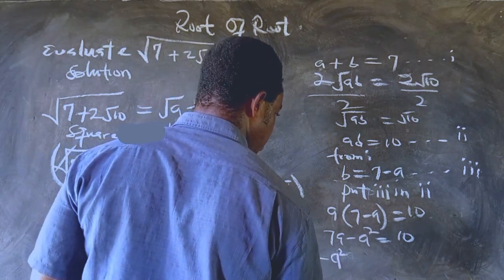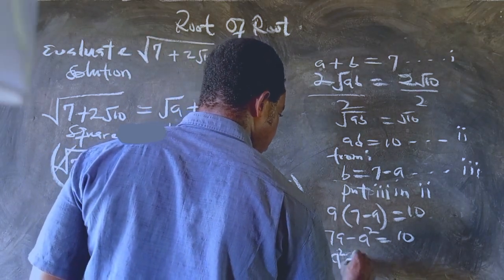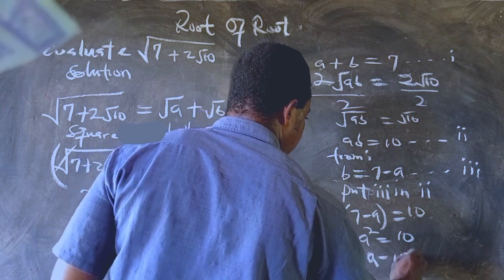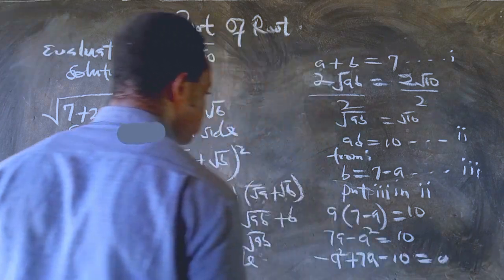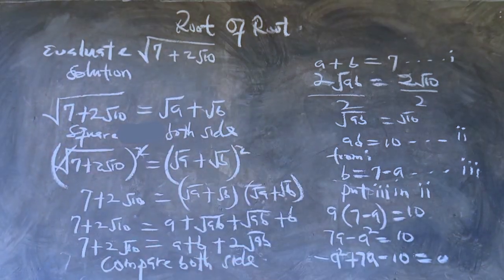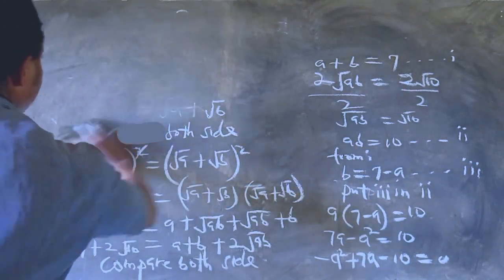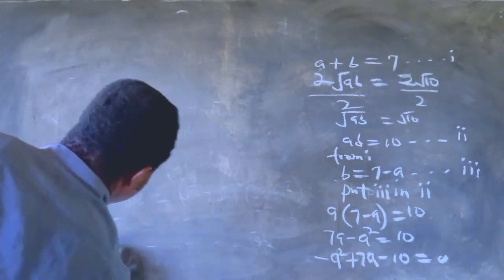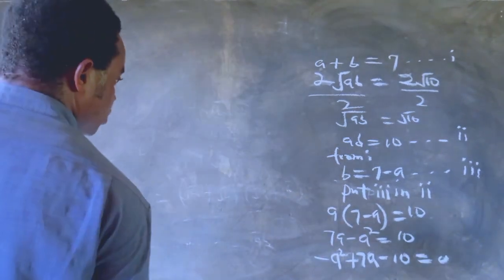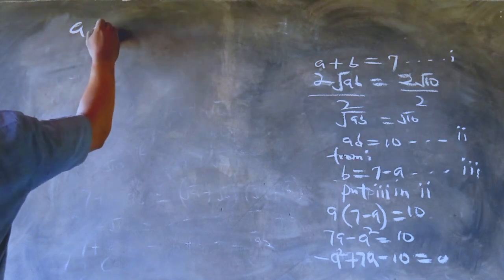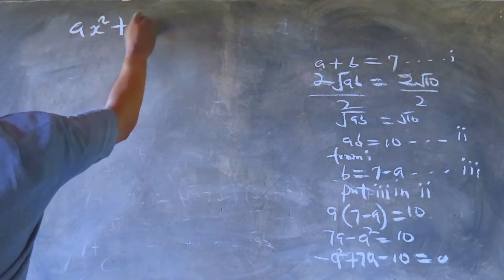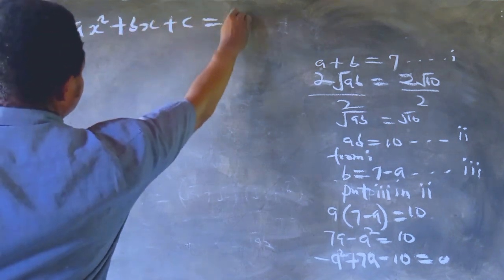If we write it in proper form, we would have minus a squared plus 7a minus 10 equals 0. At this point, we are close to getting the final value of the two constants we put earlier. So the general form of a quadratic is ax squared plus bx plus c equals 0.